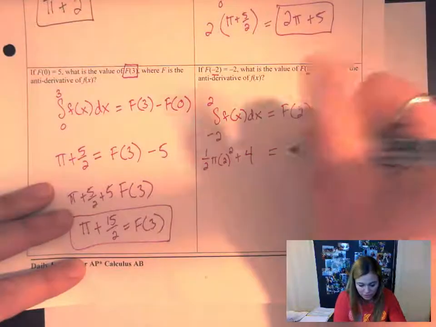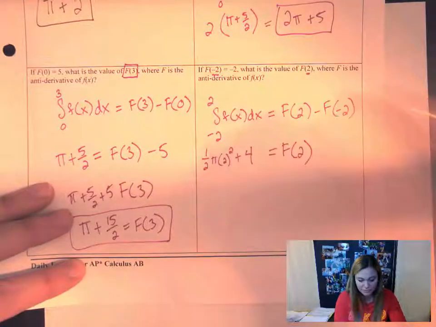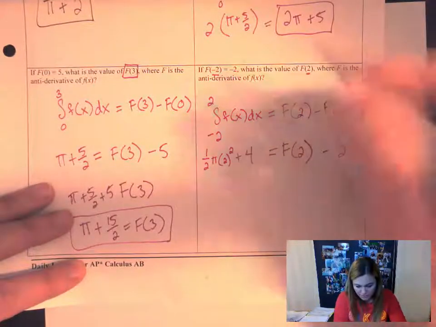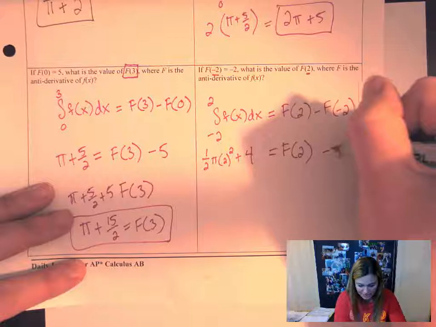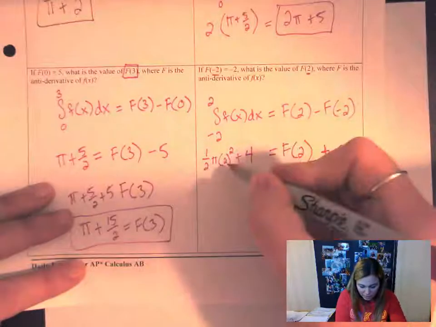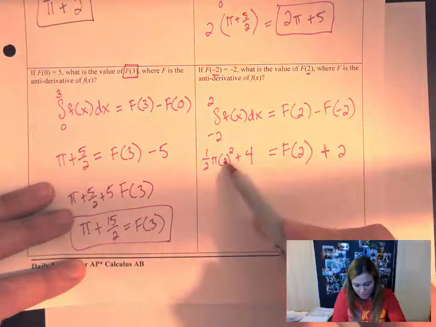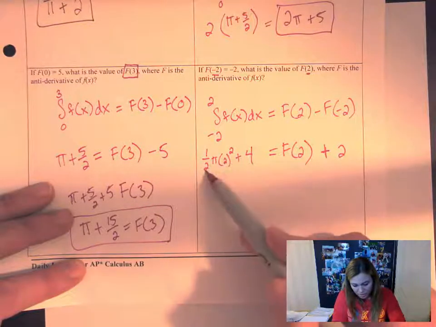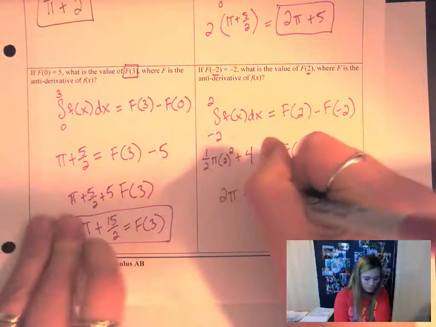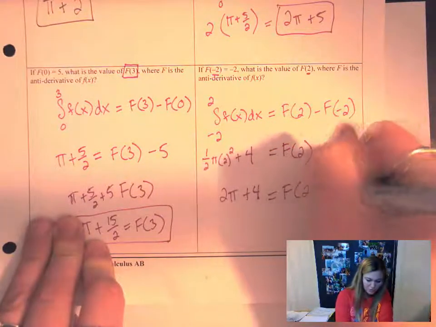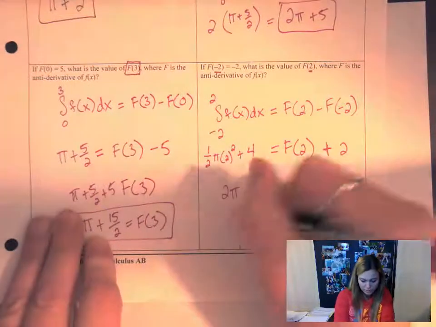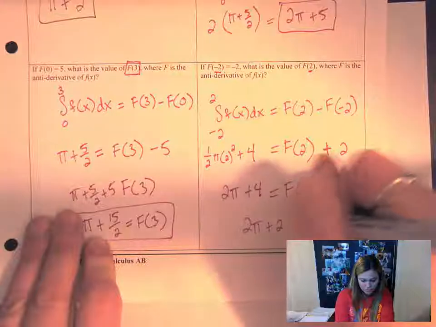F of 2, I don't know, that's what I'm trying to find. F of -2 is -2, so minus a -2, or I can say +2. If I solve this, 2 squared would be 4, this would be 2 pi plus 4 is equal to F of 2 plus 2. Subtract 2, I would get 2 pi plus 2.